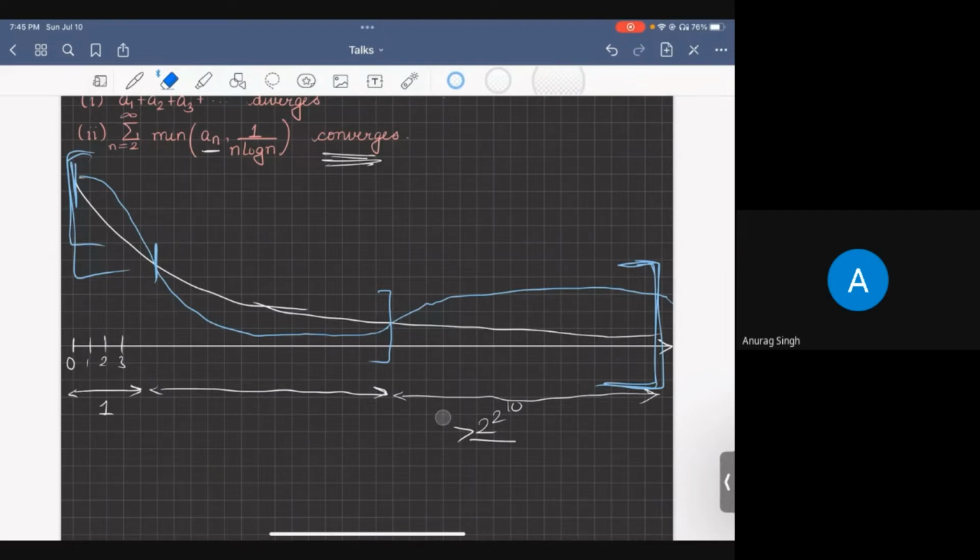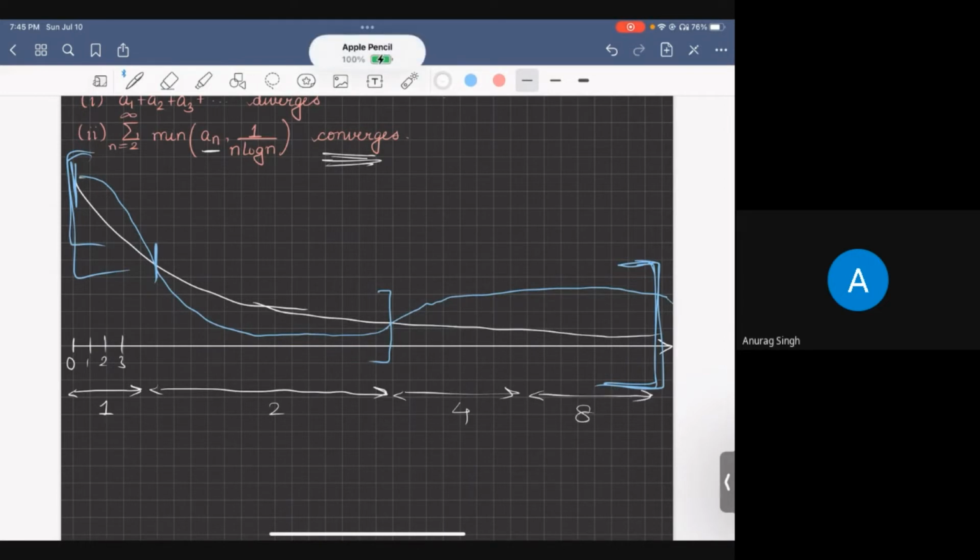So if I make this 2 and then 4 and then 8, then both of these terms will always have 33% density. So this won't work.